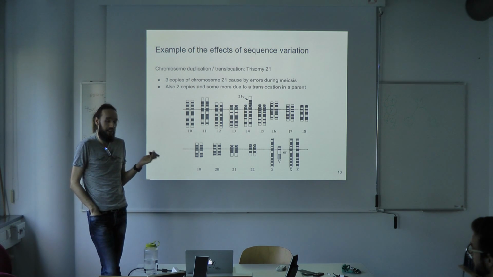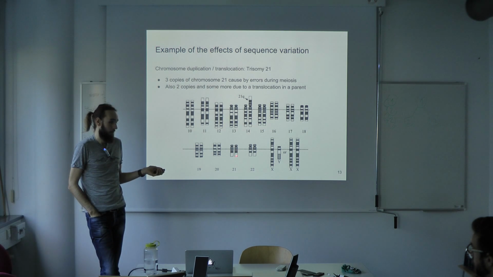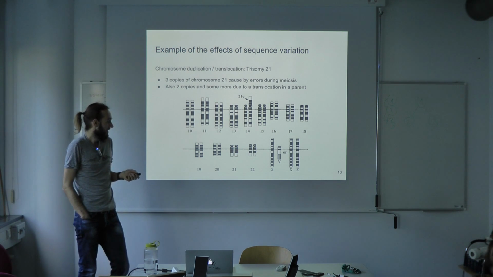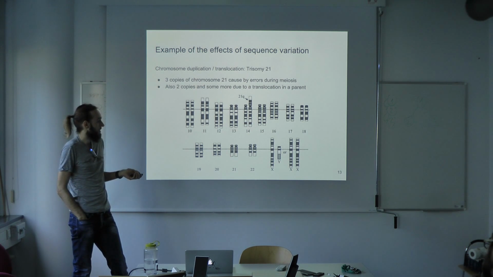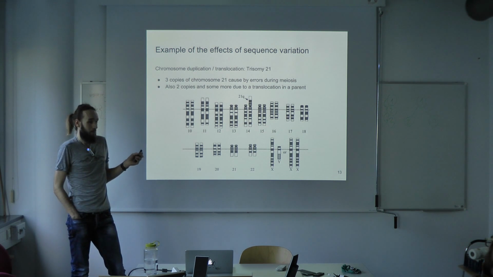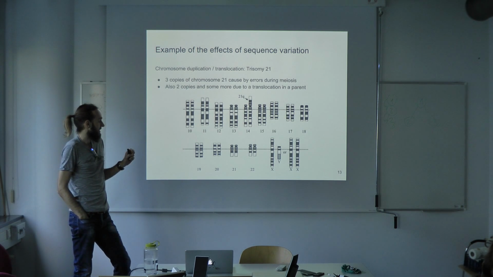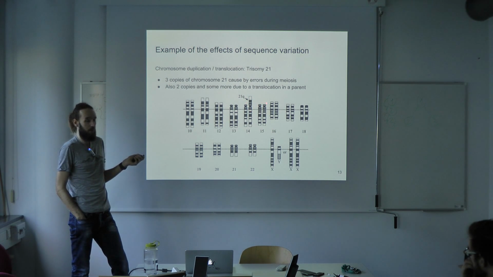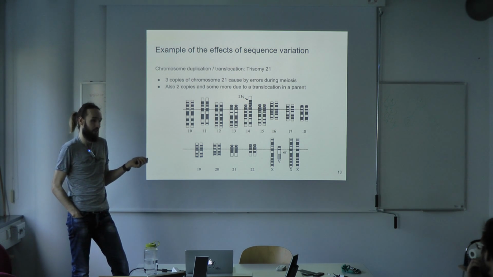And yeah, so there's different ways of achieving this issue. One is just having 3 copies of 21. The other one I'm showing here is, and this gets back to translocation, you can have 2 normal copies of 21, but a common error is that during translocation, part of the 21st chromosome gets attached to chromosome 14.